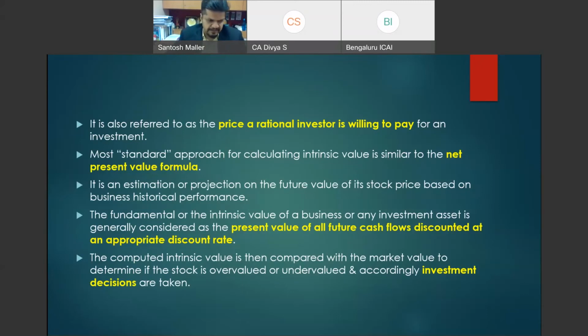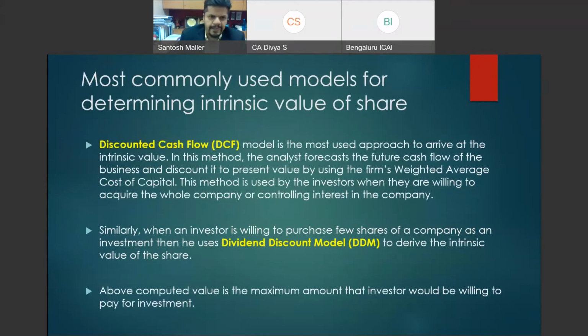Typically, retail investors may not have that much visibility or maturity, so this exercise is generally not undertaken, but some of the more experienced investors do undertake such a valuation exercise.